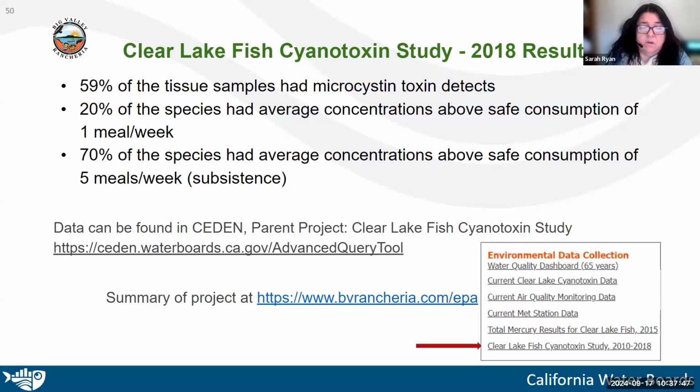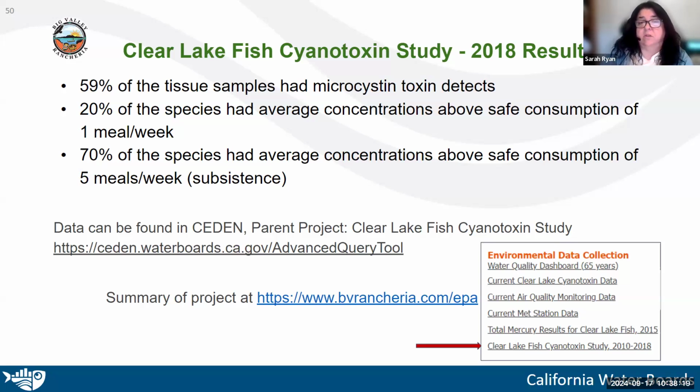Now, the next bullet, you see 20% of the species had average concentrations above the safe consumption of 1 meal a week. So OEHA, in their 6 cyanotoxin study that they did in 2012, came up with this very useful table of action levels for exposure to cyanotoxins, or to microcystin and anatoxin.